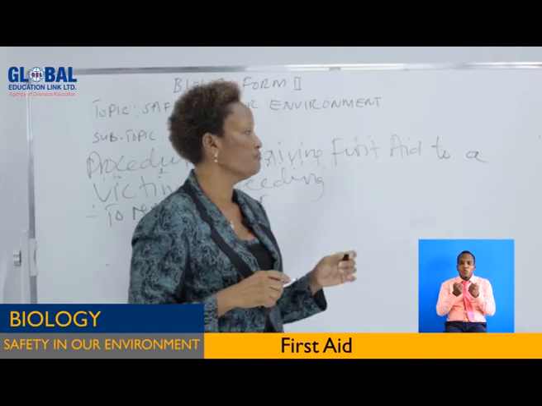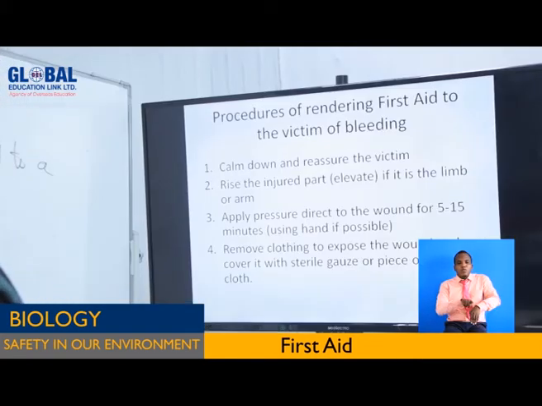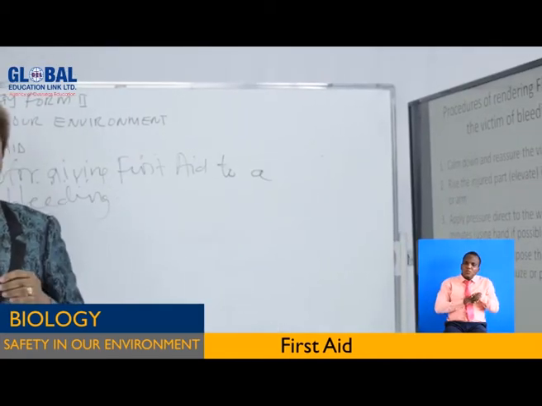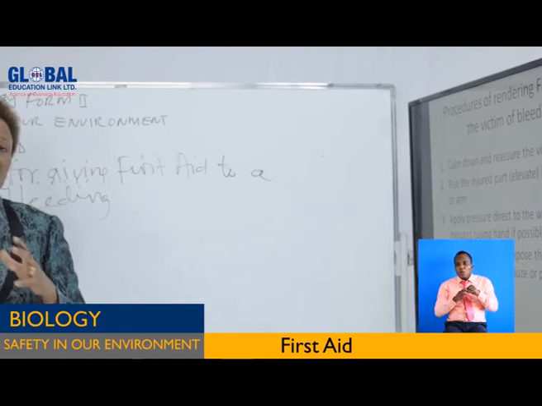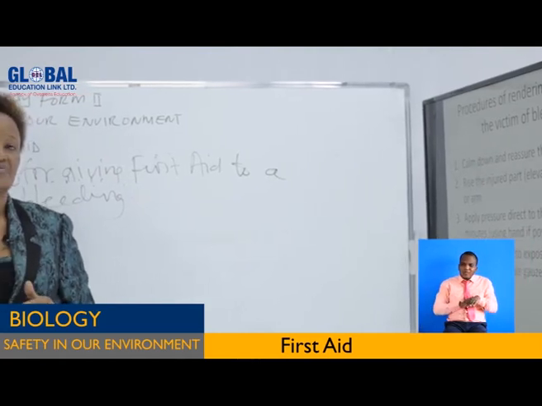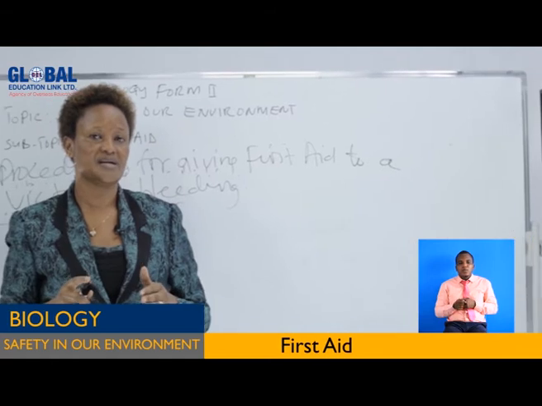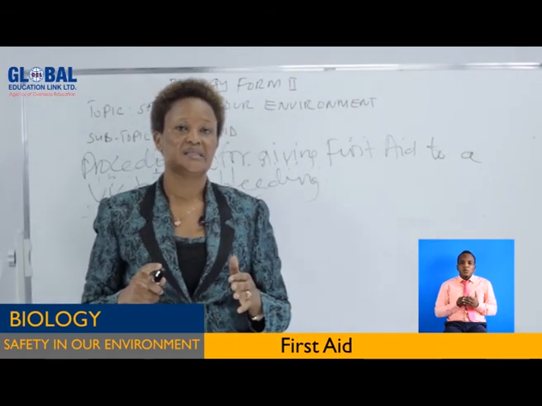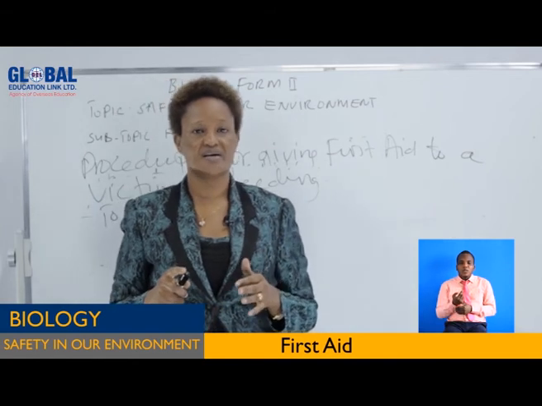Another procedure: apply pressure directly to the wound for 5 to 15 minutes using the hand if possible. Now, I want to tell you that the procedure of rendering first aid to the victim of bleeding depends on the intensity of the injury.